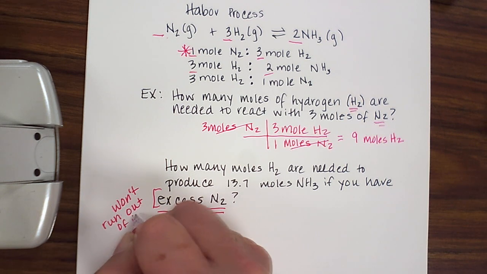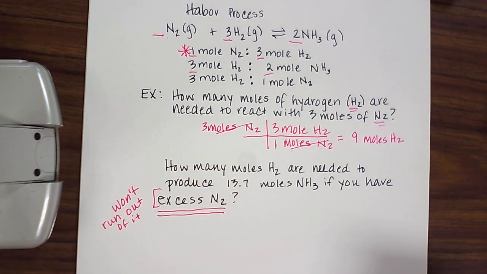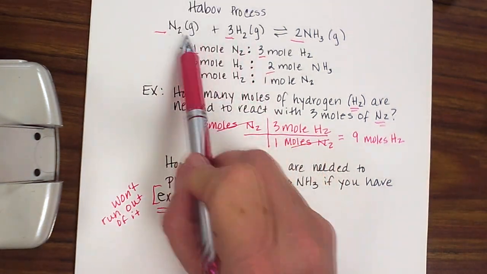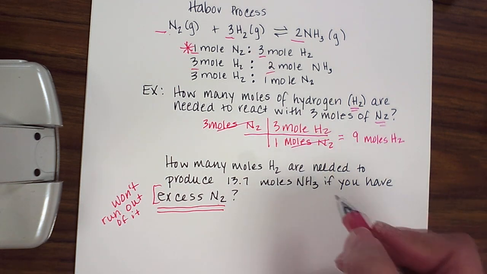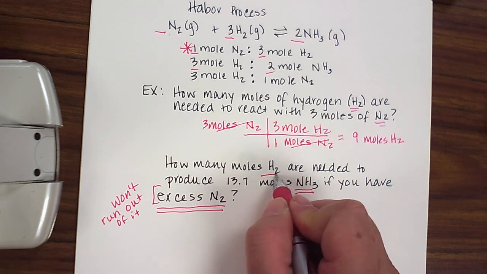It just means that today, and only today, we don't need to worry about the nitrogen, because by the end of this week, we're going to do problems where I'm giving you an amount of nitrogen and an amount of hydrogen, and you might run out of one of them. In that case, you're going to have to pay attention to it. But today, because you have so much of it, an unlimited amount pretty much, you don't have to worry about it.